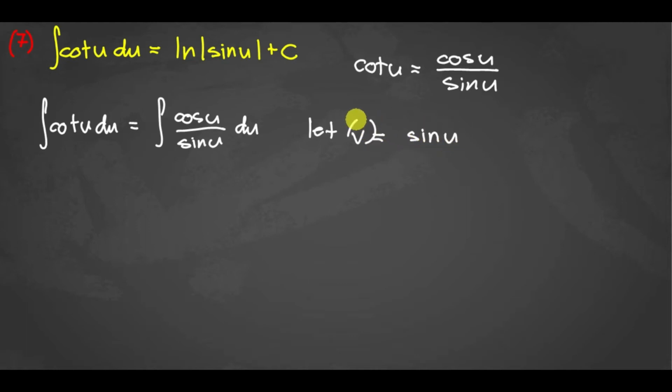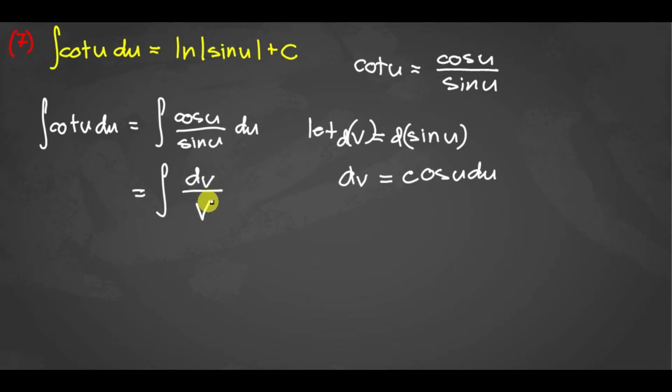Now, if we take the derivative of our variable v, that is dv is equivalent to the derivative of sine u, which is cosine u du. Substituting our newly assigned variables, we have the integral of dv all over v. You will notice that dv is simply cosine u du, which is our numerator, and our sine u is our v.